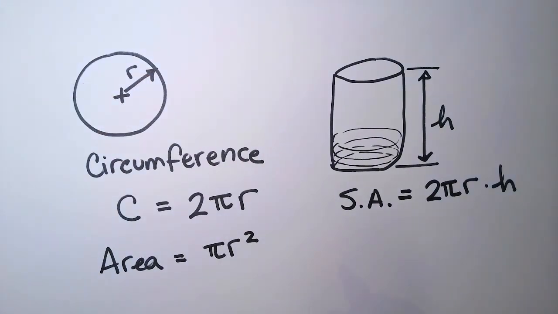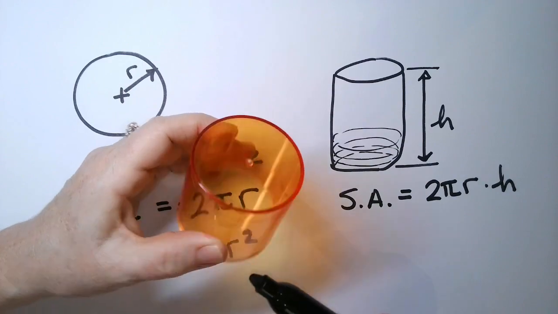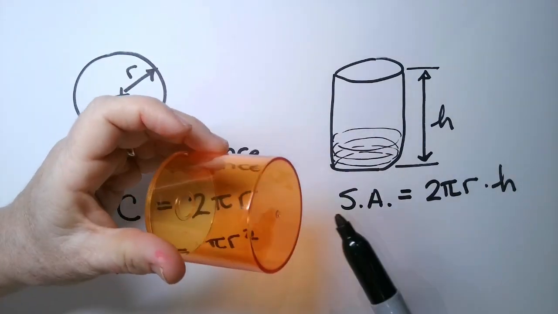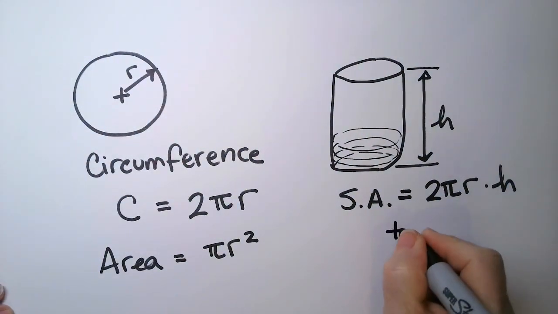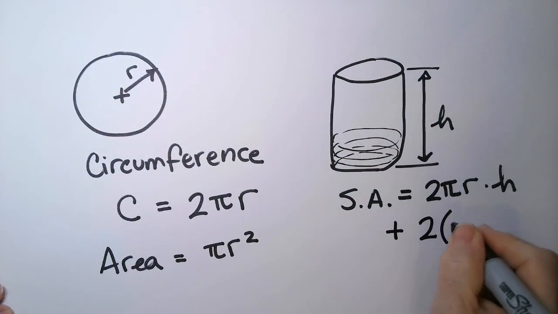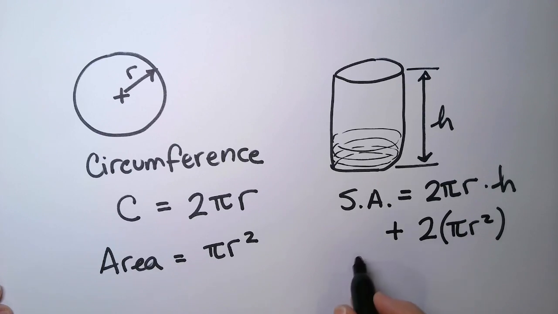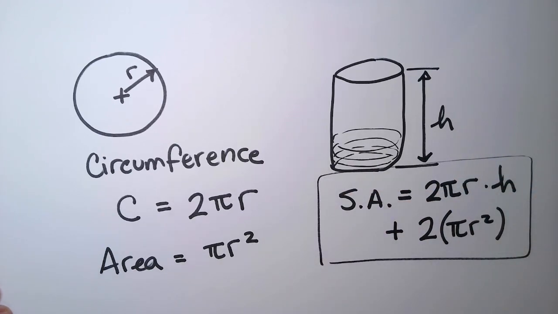So my total surface area is going to be the surface area of this curved bit around plus the ends, 1, 2. So I'm going to add 2 times pi r squared because there are 2 circles, one on the bottom, one on the top. And this is my formula for the surface area of a cylinder.